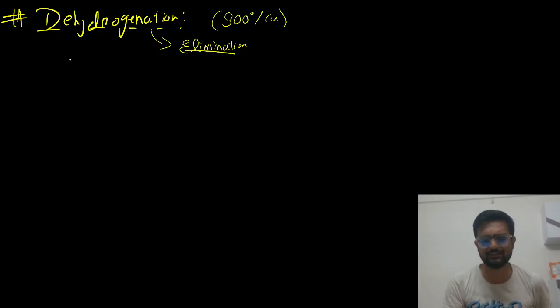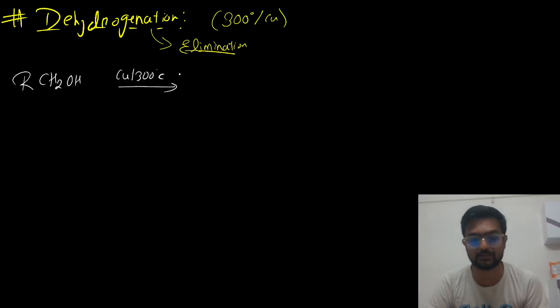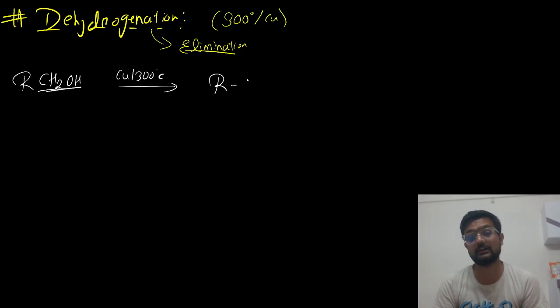Now how do we do it? Look, for this one let's say they have given you any alcohol, suppose RCH2OH, a primary alcohol, okay? They have mentioned copper at 300 degrees Celsius. If copper at 300 degrees Celsius is there and it is a primary alcohol, it always converts to aldehyde, so you convert it to RCHO.